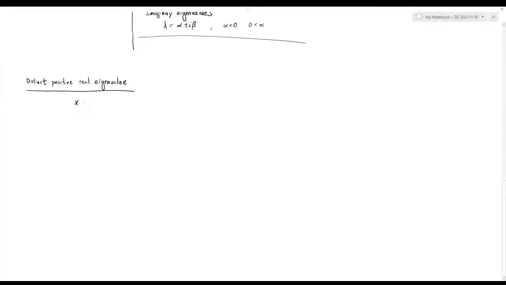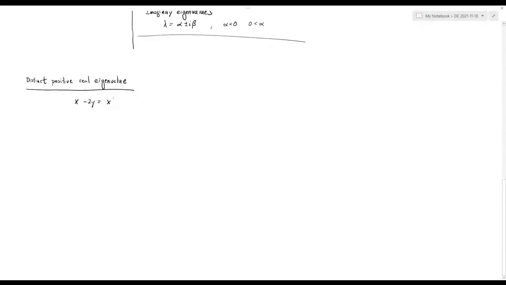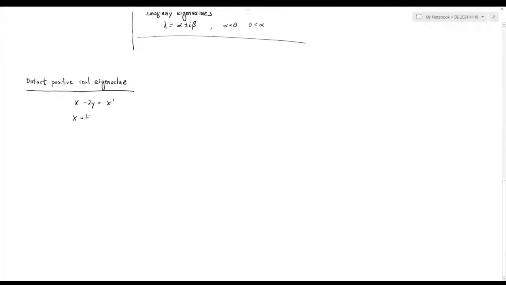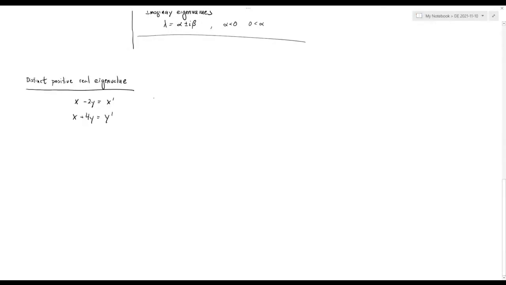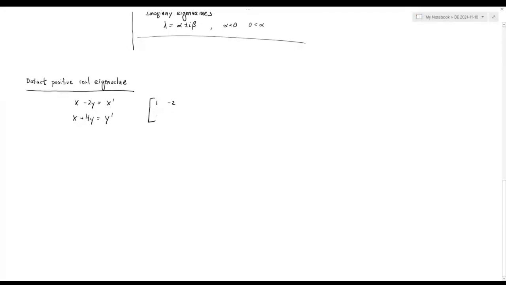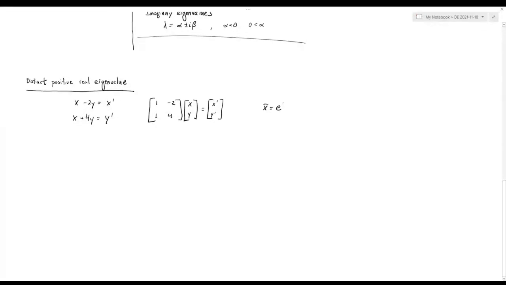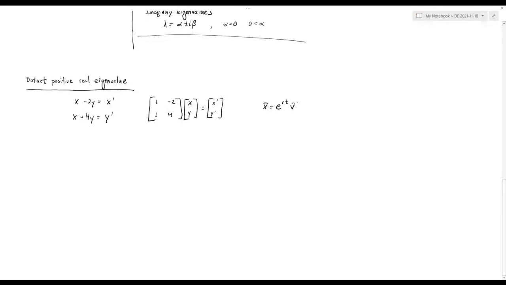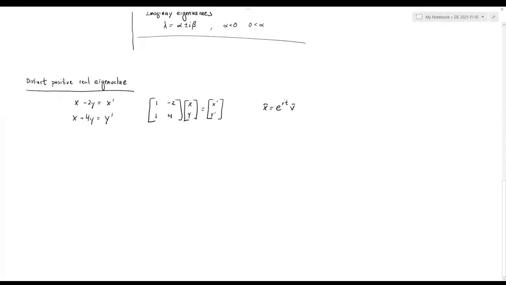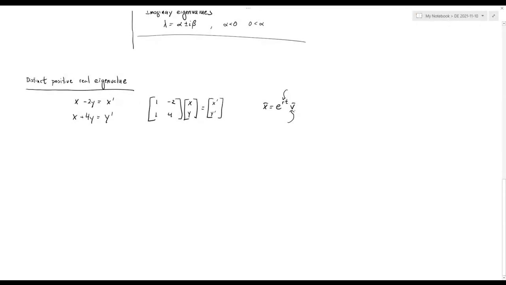So here's a system. We write that as a matrix equation. And if we're looking for solutions that look like some exponential function times a vector, we know that we'd be looking for eigenvalues of our matrix and corresponding eigenvectors. Okay, so let's find eigenvalues.